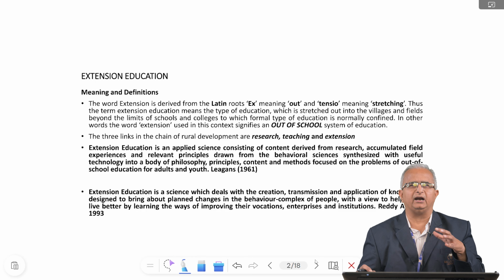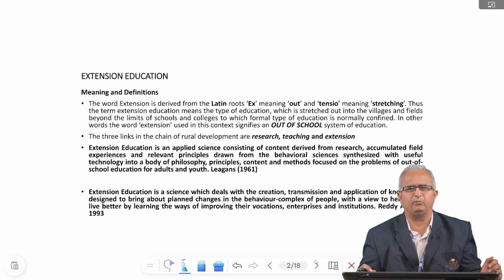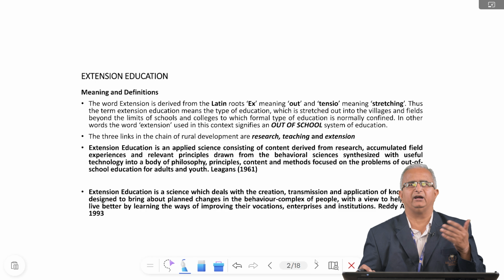The people who cannot attend the universities properly, for their benefit, to find out their problems and give solutions to those problems, this extension education got developed.